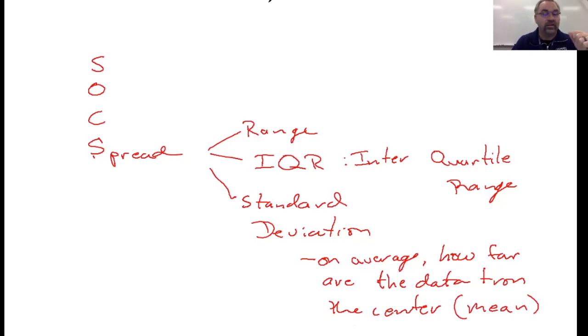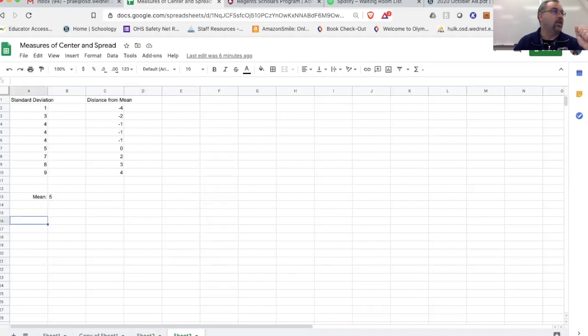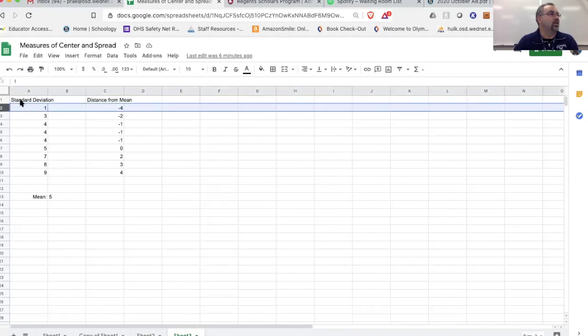Let's go over to the data sets, and I have another data set for you. We're going to take a look at this one. Now, this is just a random set of data. So we're talking about standard deviation now, and these are our data points. This isn't a column of standard deviation.